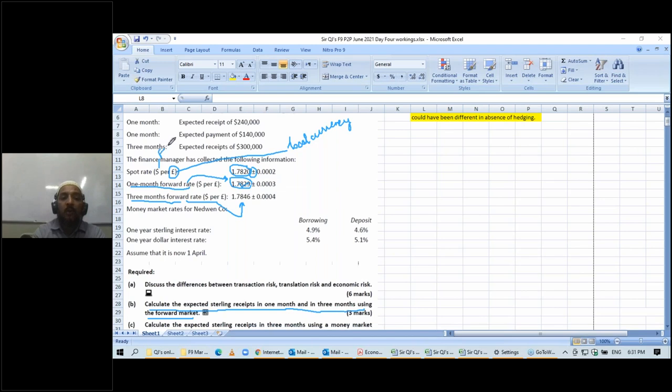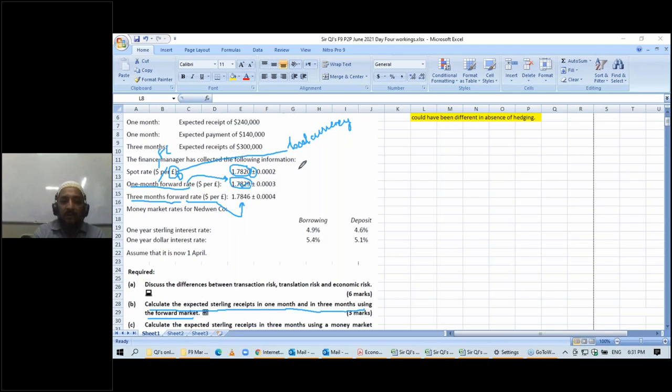So in the denominator, this can be read like this, dollar per sterling. In the denominator you are getting sterling, which is their local currency. This is a UK based company. So these are rates of local currency. So they will always sell at a higher rate and buy at a lower rate.